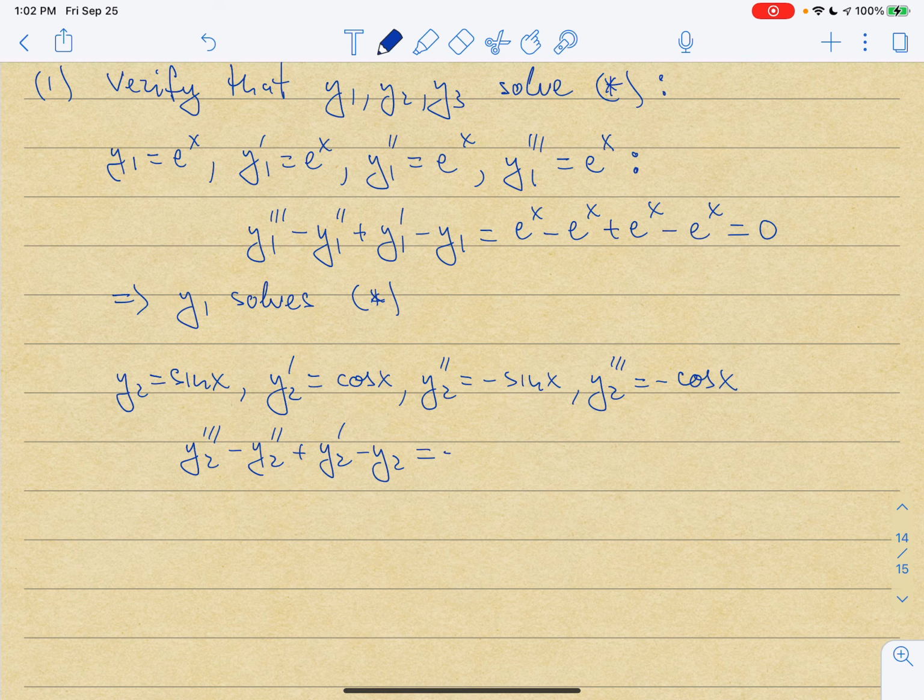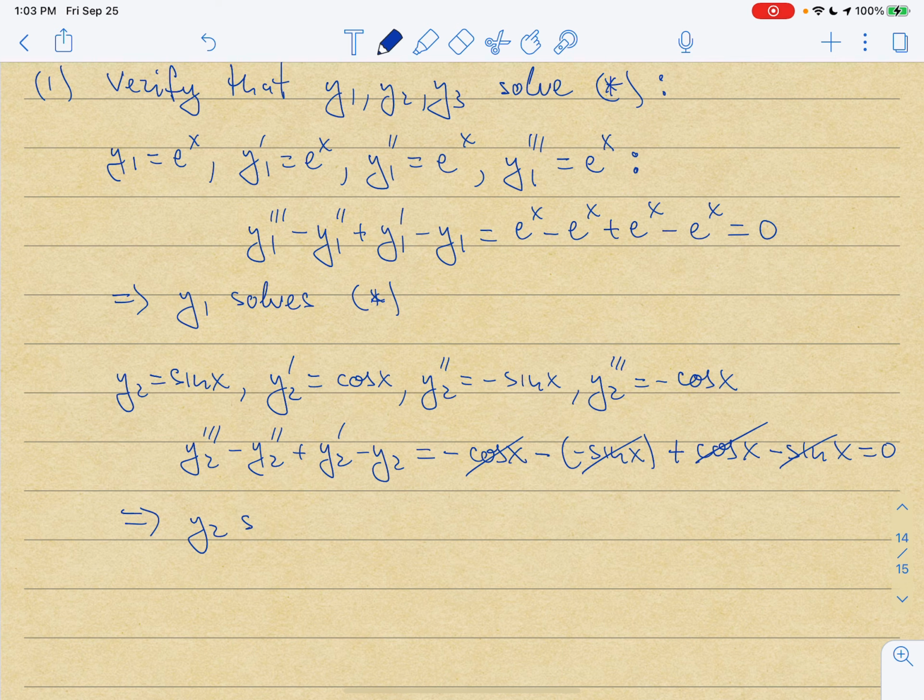Triple prime is minus cosine of x. Minus y2 double prime is minus sine of x. Plus y2 prime is cosine of x. And then minus y2, which is sine x. So cosine x cancel out. Sine x and minus sine x cancel out. You get 0. So therefore y2 solves the equation star.